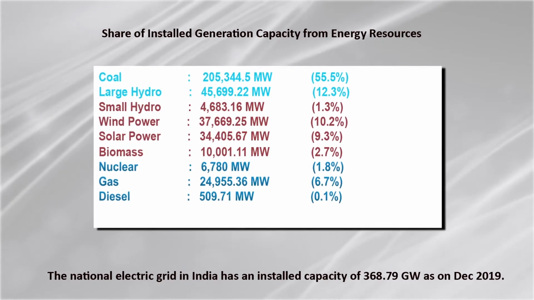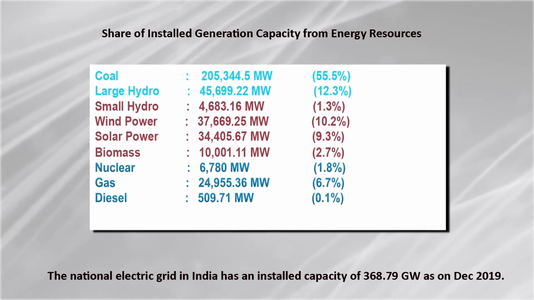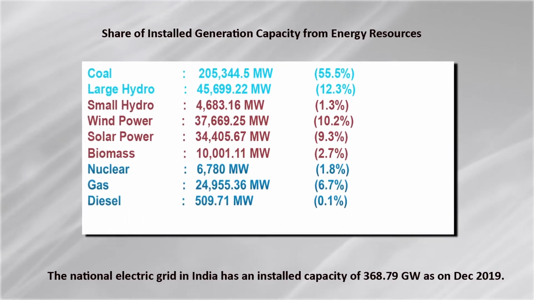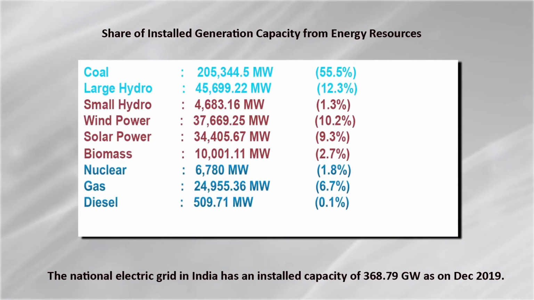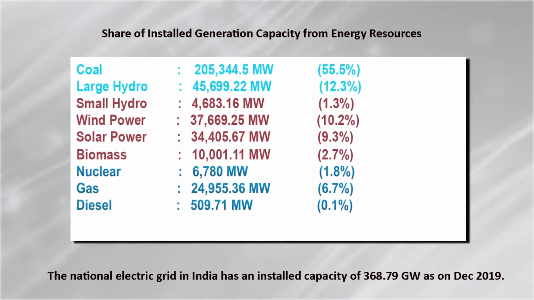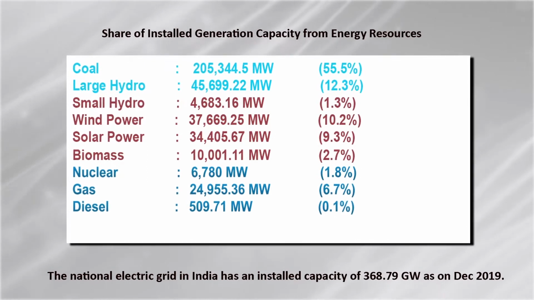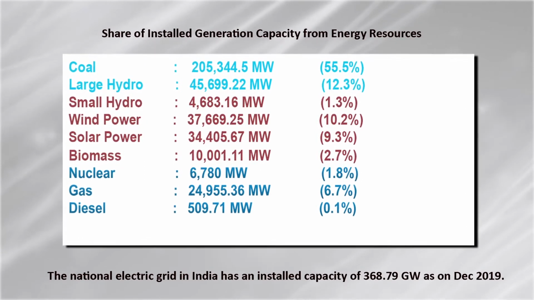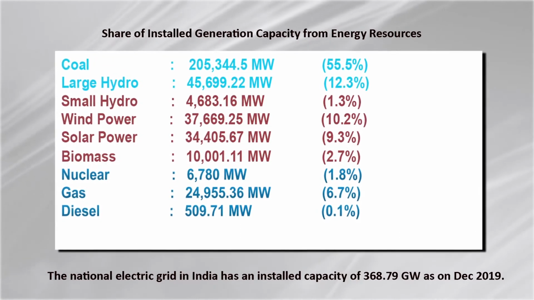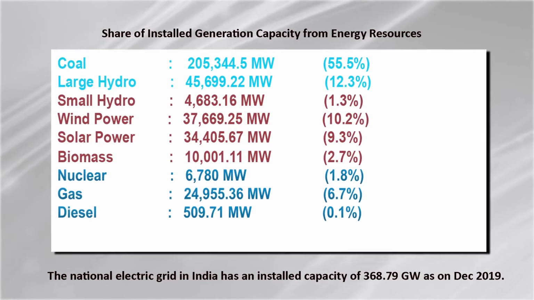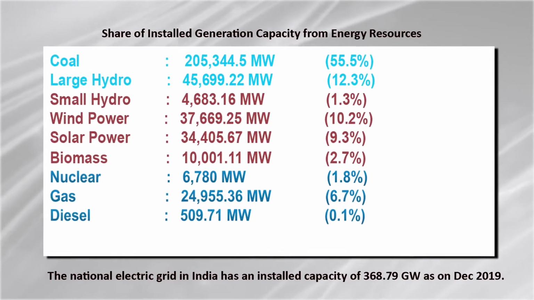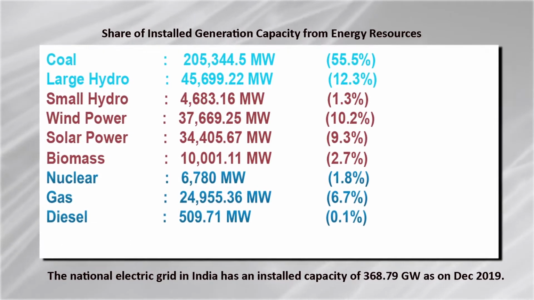Coal is 55.5%, large hydro 12.3%, small hydro 1.3%, wind power 10.2%, solar power 9.3%, biomass 2.7%, nuclear 1.8%, gas 6.7%, diesel 0.1%. So these are the contributions of the various energy sources in power generation.